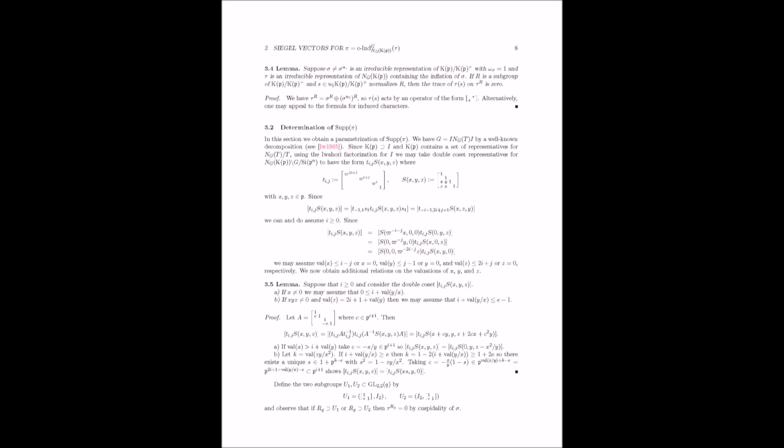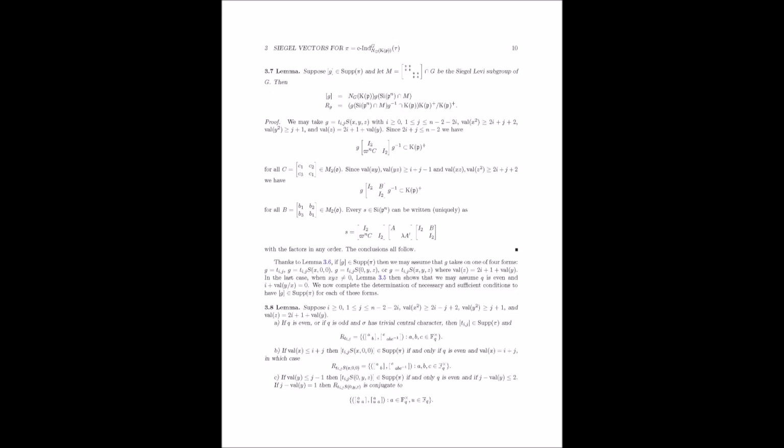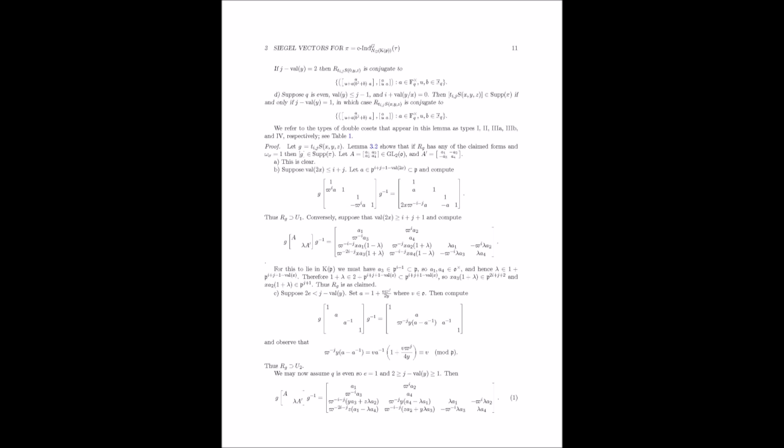It is. We need both Q to be even and a very specific condition on that valuation. Right. And in that case, what does R sub T J sub SX 0, 0 look like? It actually ends up being the same form as that subgroup in the first case of lemma 3.2 again. Oh, interesting. So even though the double coset representatives are different, the R subgroups can be the same. Exactly. It's all about how things intersect and interact with each other.